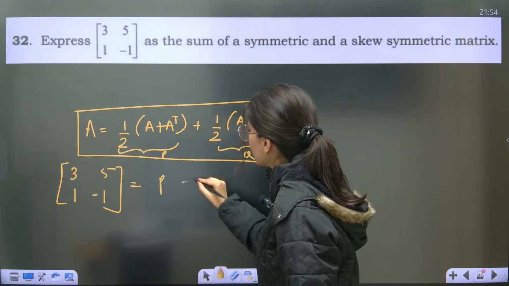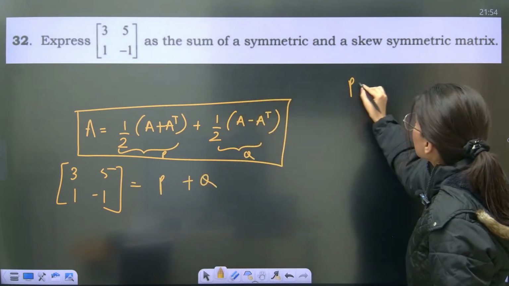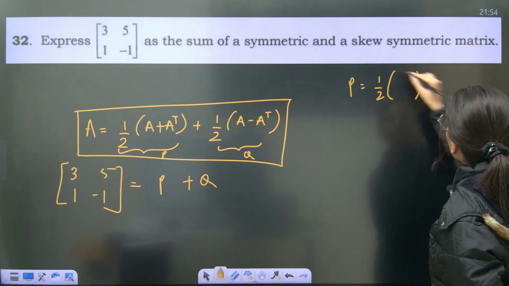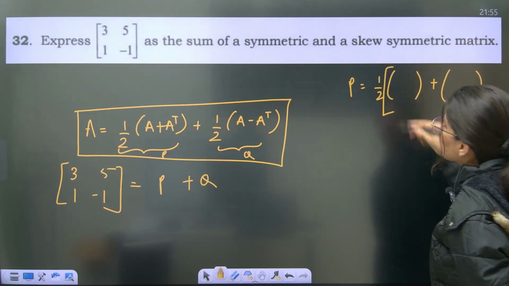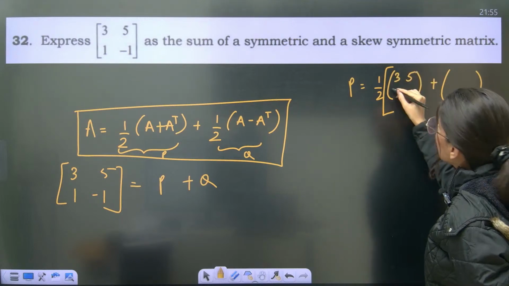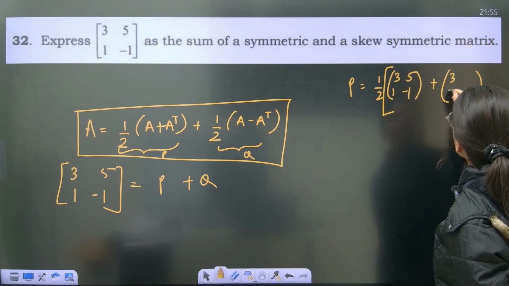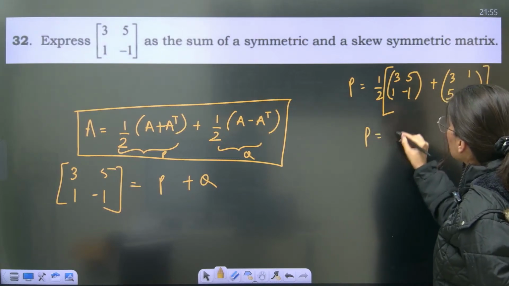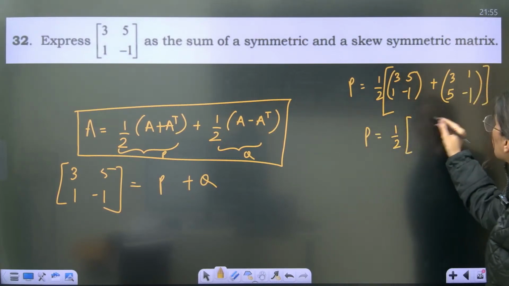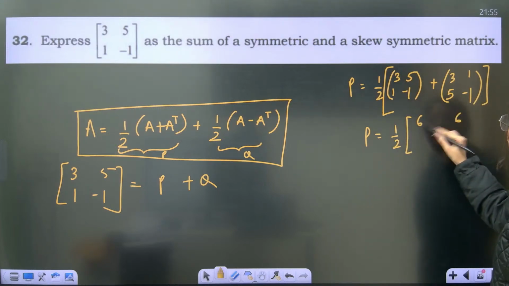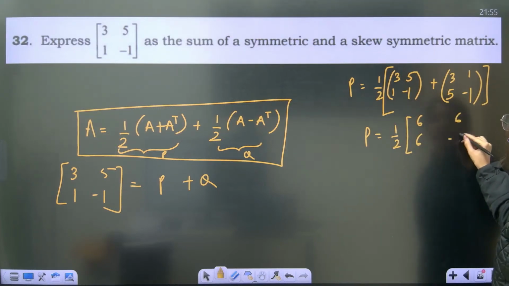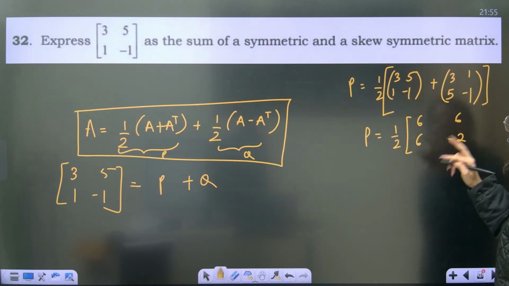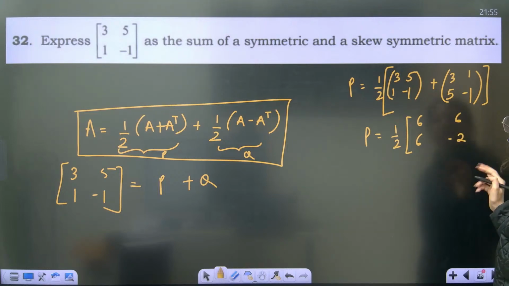P matrix is nothing but half of A plus A transpose: half of (3, 5, 1, minus 1) plus (3, 5, 1, minus 1) transposed. So P matrix will be half of 6, 6, 6, minus 2: 3 plus 3 is 6, 5 plus 1 is 6, 5 plus 1 is 6 again, minus 2.